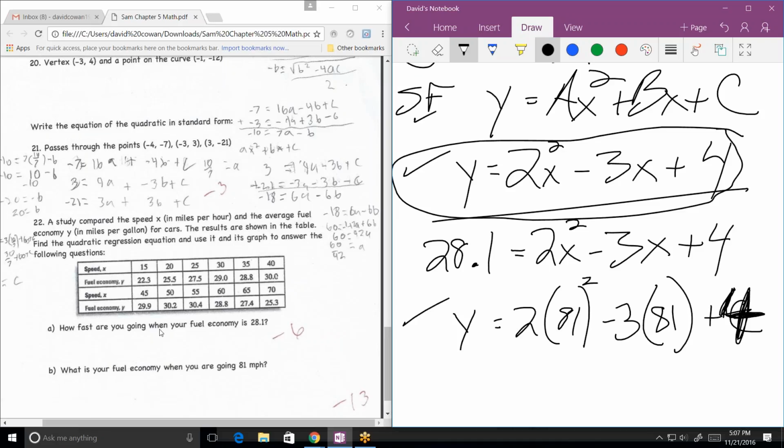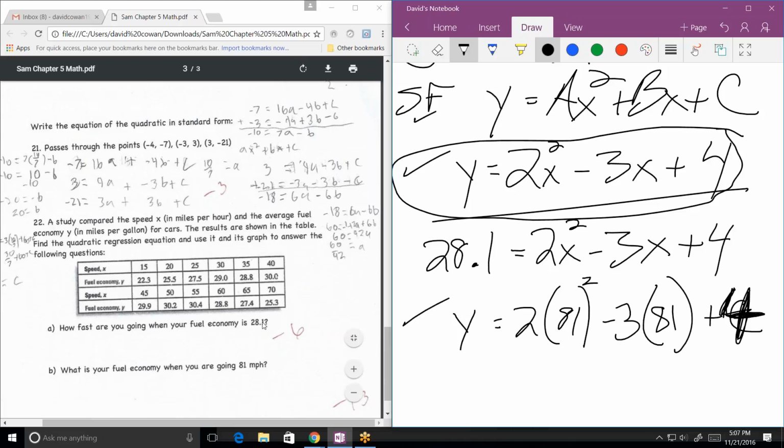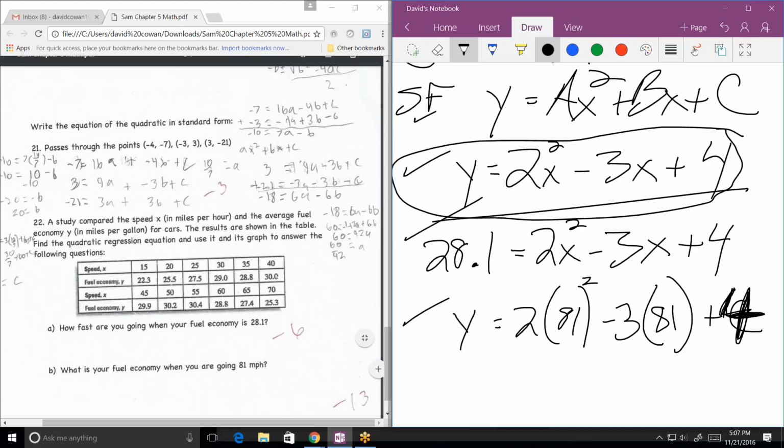In other words, the key in A is knowing that they've given you the fuel economy, which is the y variable. The key in B is they're giving you the speed and they're asking for the fuel economy. So they're giving you the x variable. But you've got to have the general equation for that table. And your calculator is going to give you that when you request a quadratic regression.